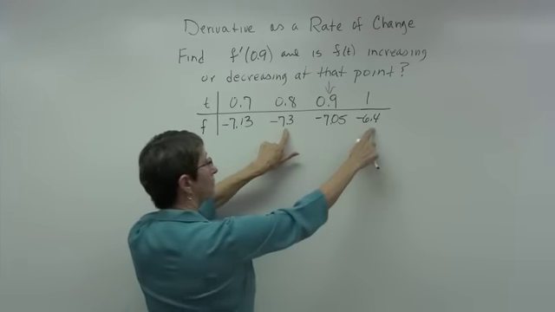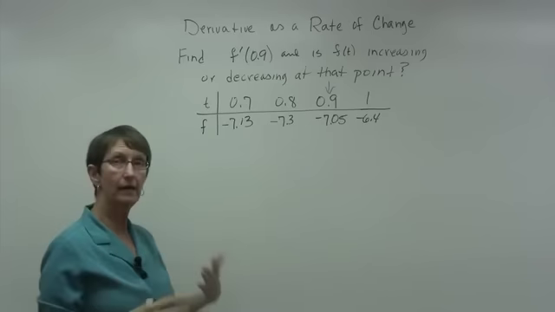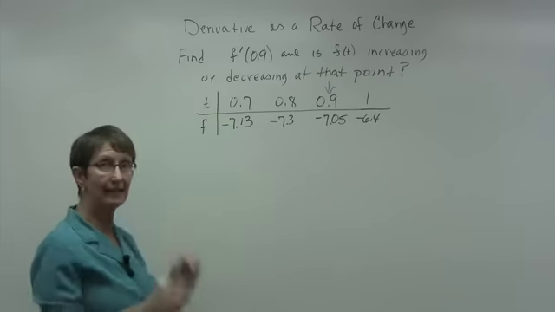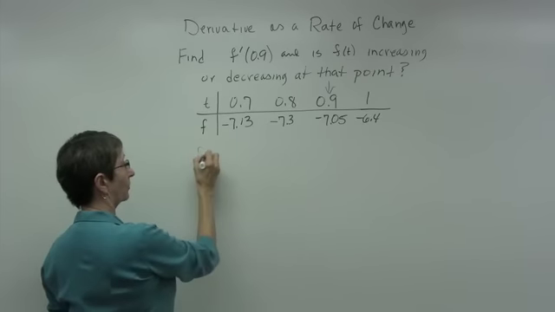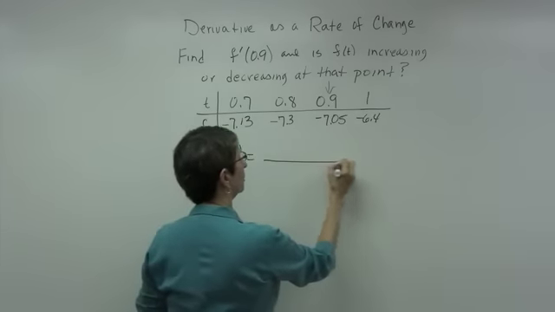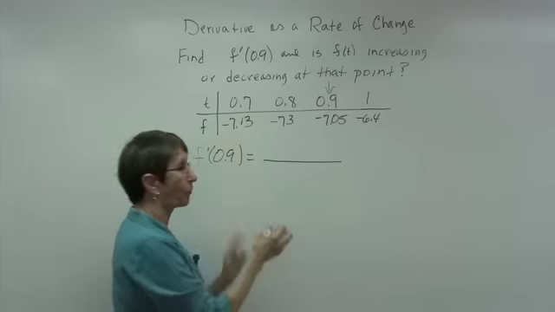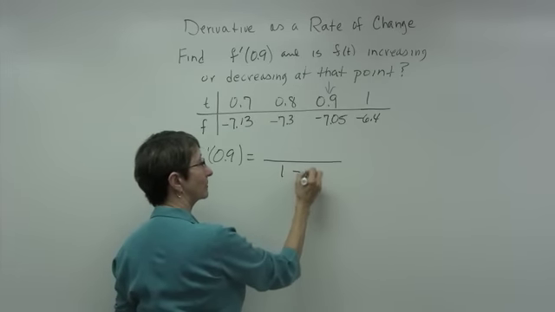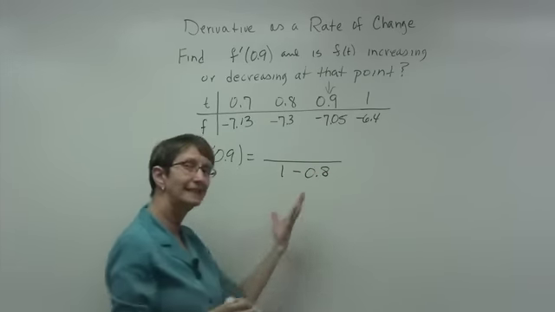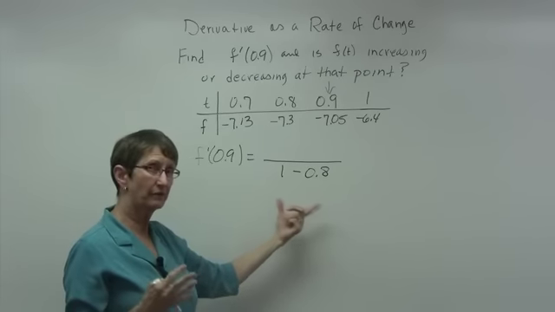So let's use these two values for F and those two values for T to set up our rate of change to find F prime of 0.9. So let's make the denominator positive. X is 1, X is 0.8. Let's go 1 minus 0.8. It's always a good idea to have the denominator positive, and I tend to put the X's in first if I think about it.